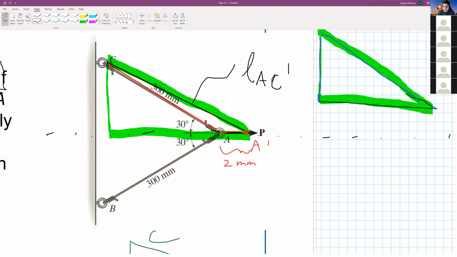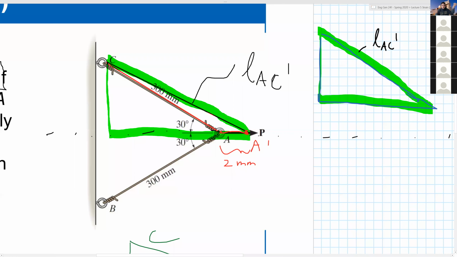This being LAC prime, right? Well, we have a new base, right? Can I calculate the actual distance, the base of it? How are we able to do that? Oh, okay, we have an adjustment.